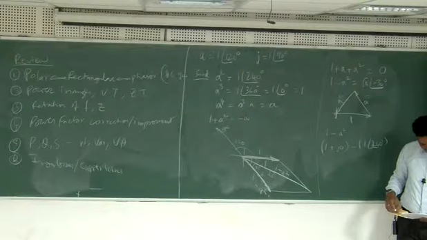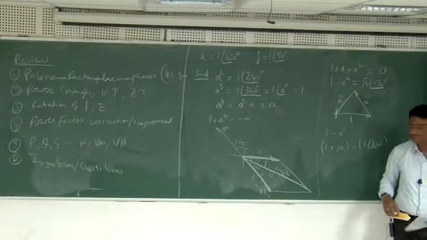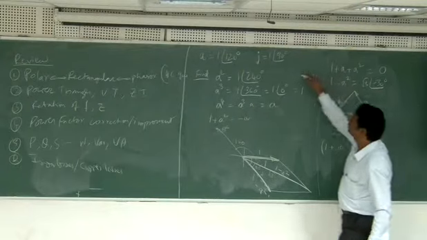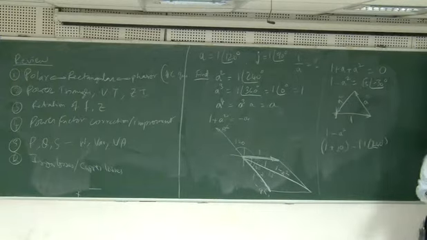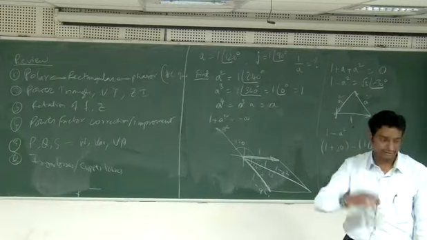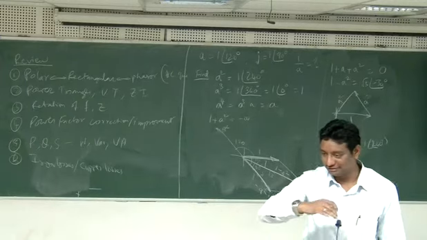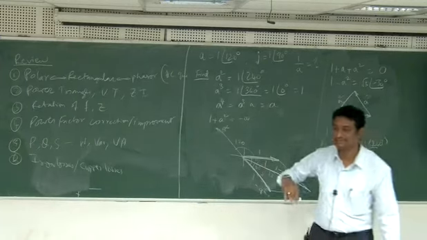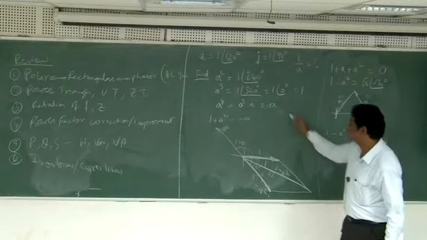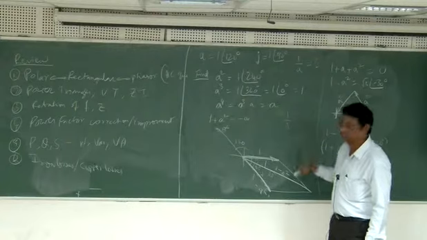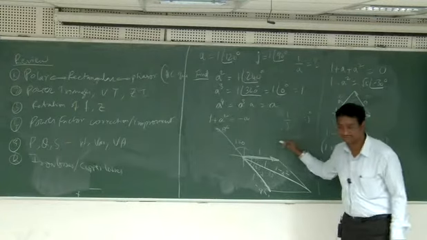So what is A inverse? What is 1 by A? If you multiply by A, you will rotate by 120 degrees in one direction. If you divide by A, you will go back by 120 degrees. What is 1 by j? This is nothing but minus j.